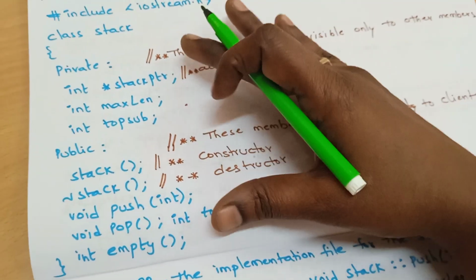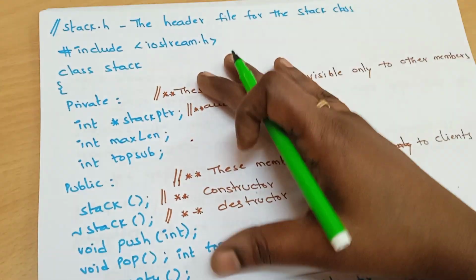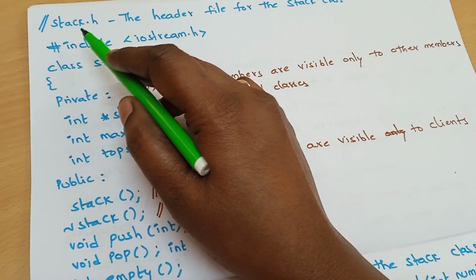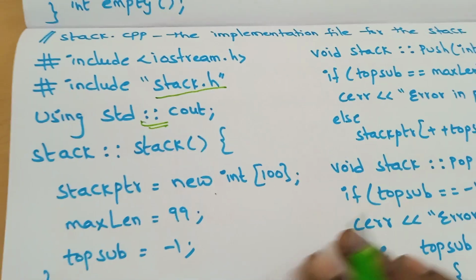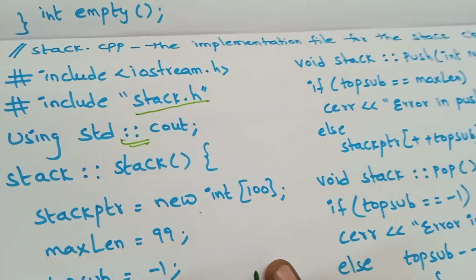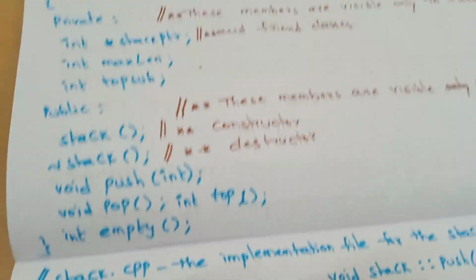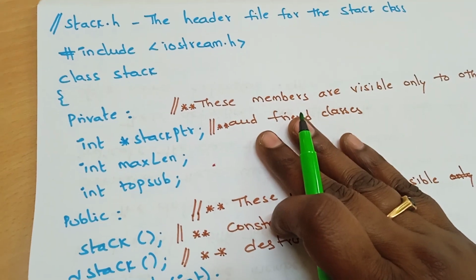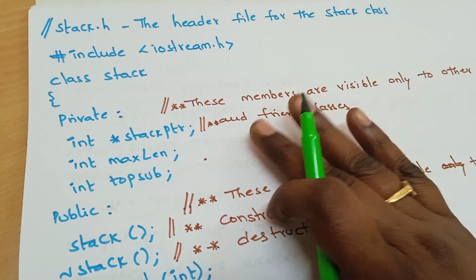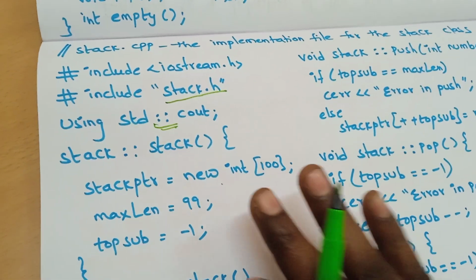I'm taking this as a prototype, the stack class with only prototypes of the member functions. This is the prototype which I created, and I have given it the name stack.h. Now the member functions I implemented separately, and this is the implementation file for the stack class. So stack.h is the prototype that defines the stack class, and this is the implementation file of the stack class.